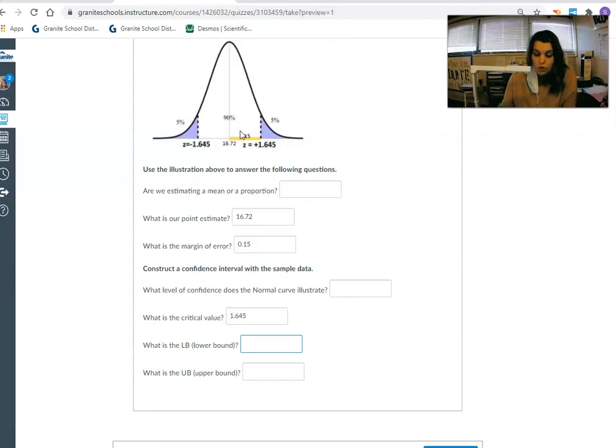So when you go to find your lower bound, you're doing 16.72, subtract 0.15. So your lower bound should be 16.57. So you take this center value, subtract your margin of error, center value, add your margin of error.